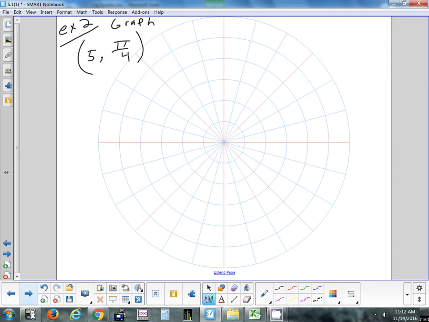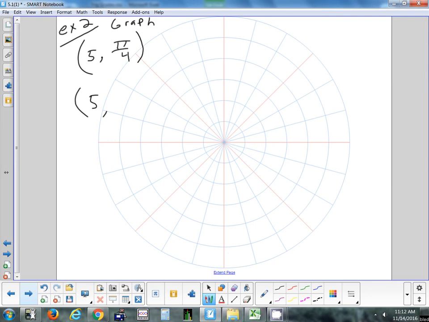How about 5 comma pi over 4? What could I do first to make that a little easier? Yeah, if you're not comfortable with where pi over 4 radians is, just change it to degrees. What is pi over 4 radians in degrees?